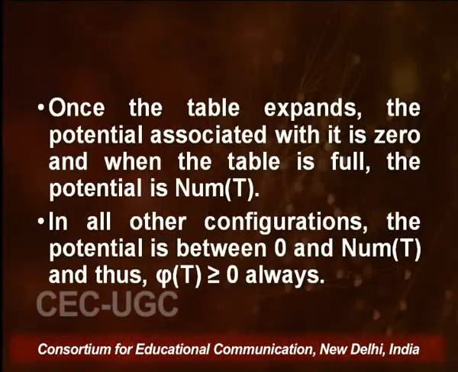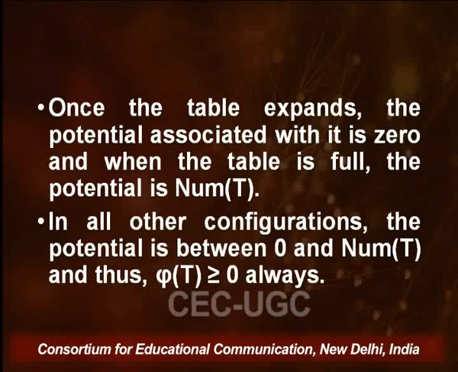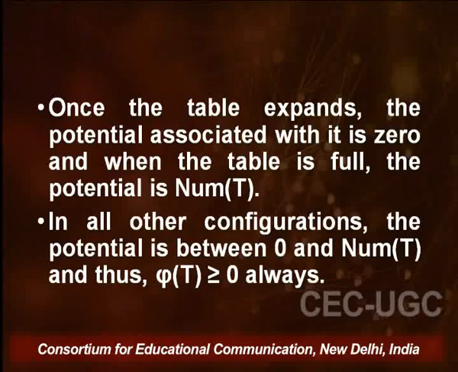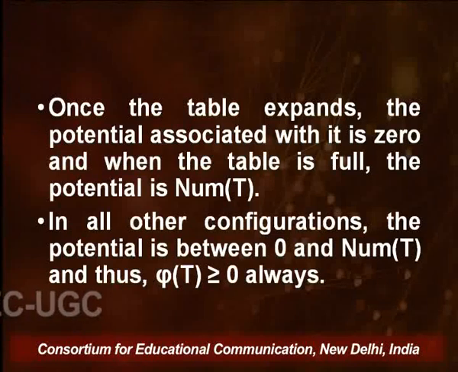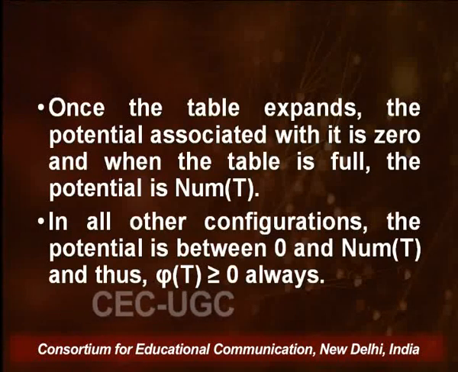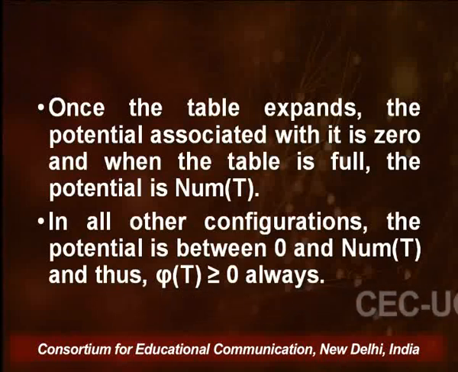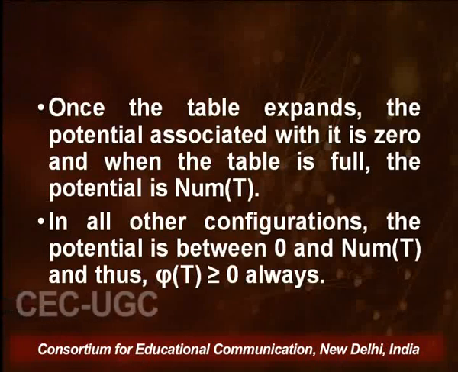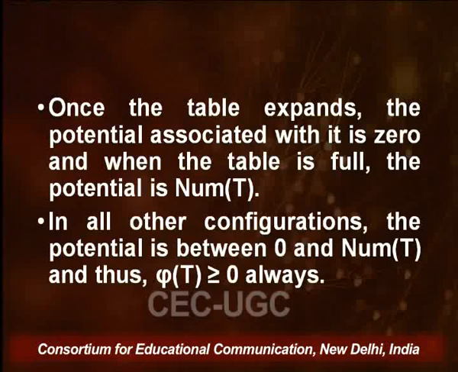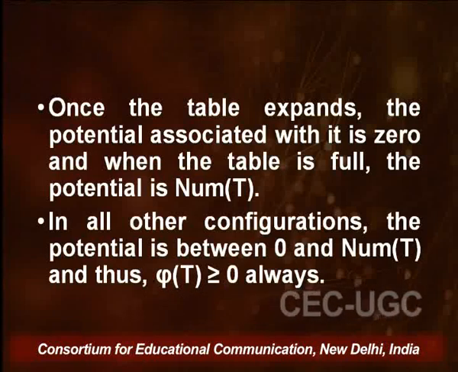Now, let us try to understand this expansion and, obviously, contraction. When the table is expanding, I can say the potential associated with the table is going to be 0, and when the table is full, the potential is the number of elements in T. Now, please try to connect the dots on what is actually happening here.